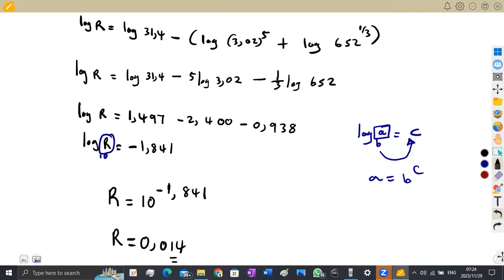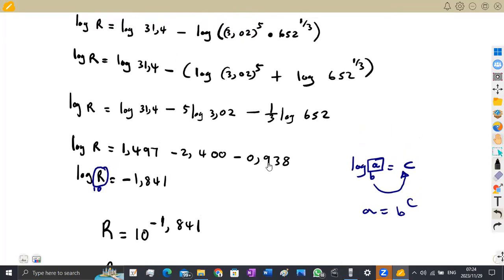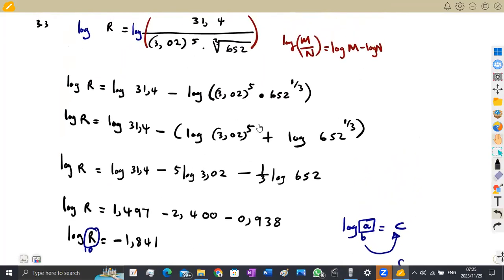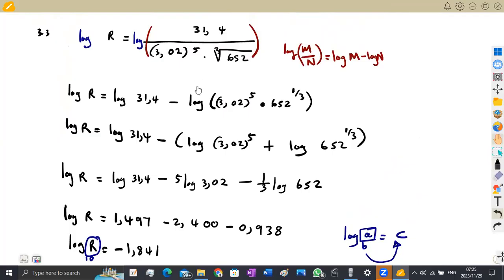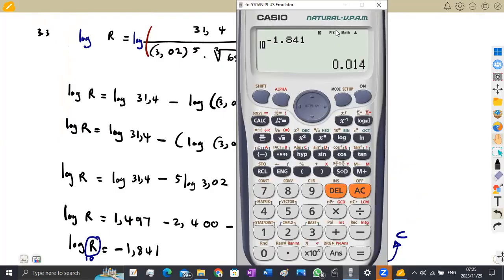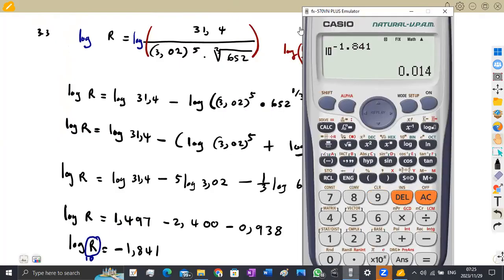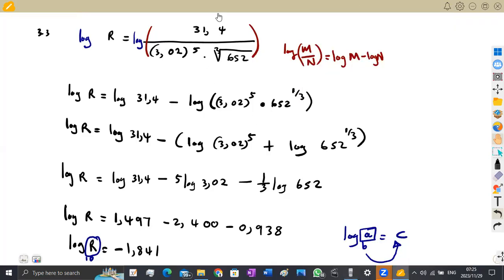Okay, so like I said, this is something that we could have just used our calculator in the first place to simplify. So that one can be just a proof to see if we are in the right direction, because yes, we have been rounding off our answers, so they are not that exact, but it must be in the same range or in the same interval. Okay, r was equal to this value, which was 31,4, so you're going to have this as it is.